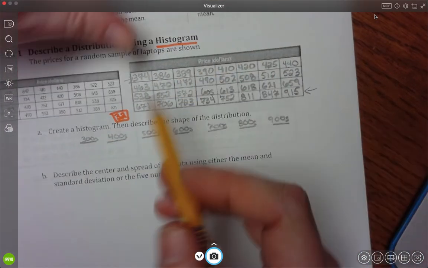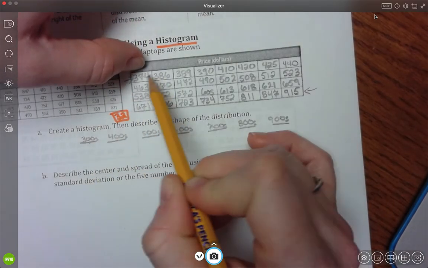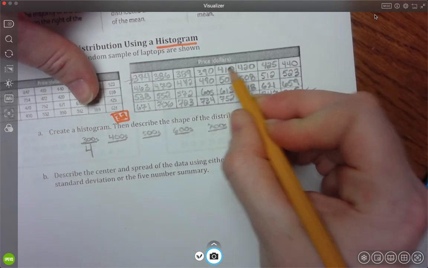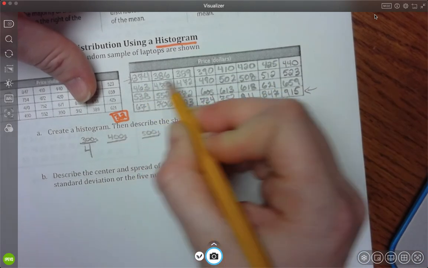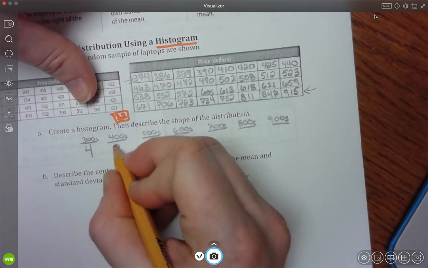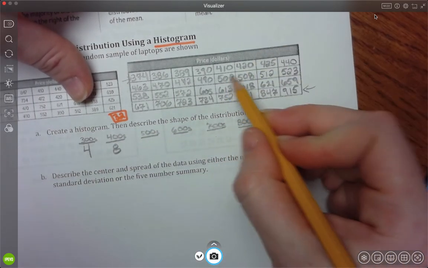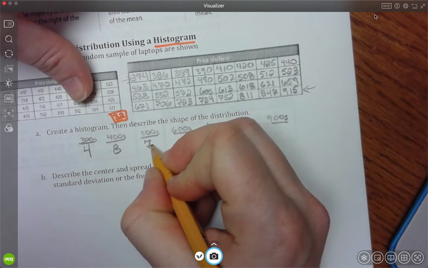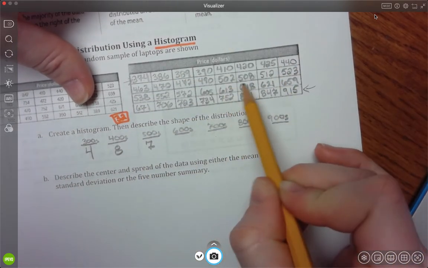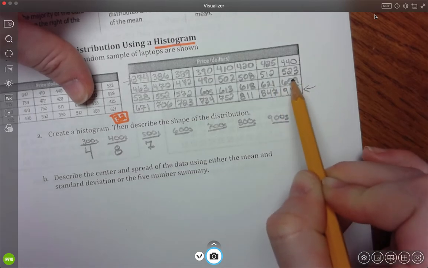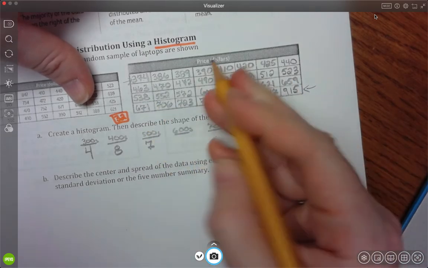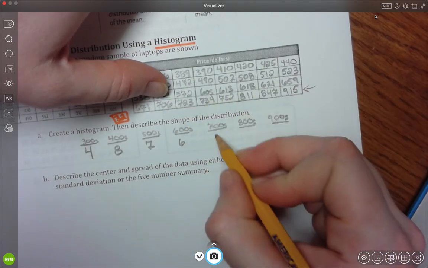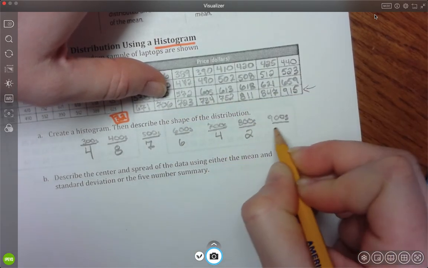Okay, so how many numbers do we have in the 300s? We have 1, 2, 3, 4. Okay, in the 400s, 1, 2, 3, 4, 5, 6, 7, 8. Okay, in the 500s, we have 1, 2, 3, 4, 5, 6, 7. 600s, there are 1, 2, 3, 4, 5, 6. 700s is 1, 2, 3, 4. 800s, there's 2, and 900s, there's 1.